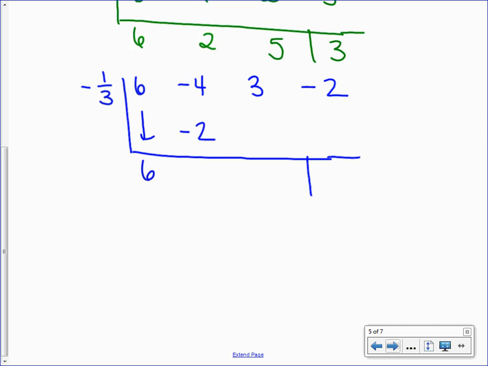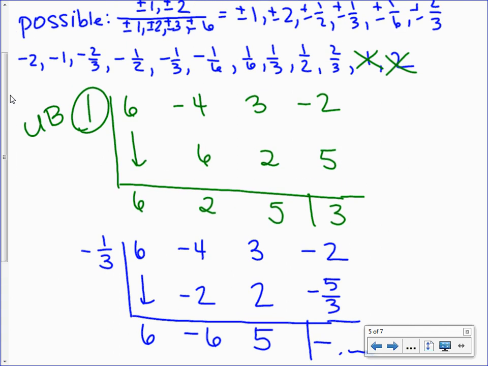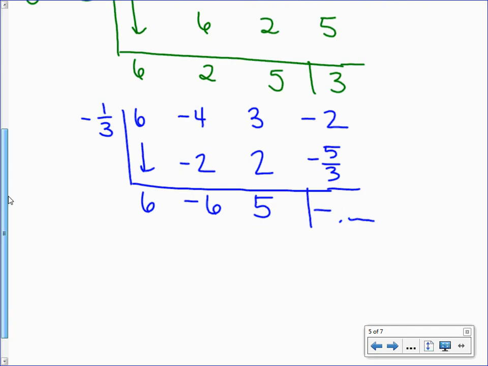And when I add -4 and -2 together? And what is -6 times -1/3? And when we add this column, we get, okay. Now 5 times -1/3 is -5/3. It doesn't matter what we get here, but what kind of number is it going to be? Negative. It's not 0. So first of all, -1/3 isn't going to work for us.